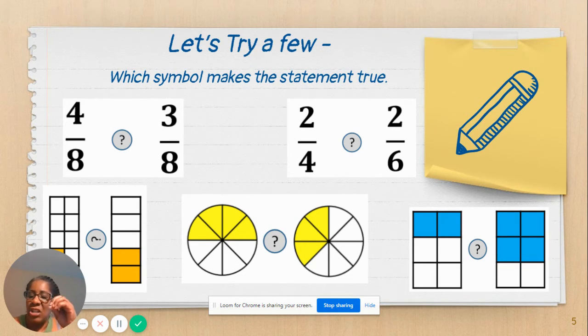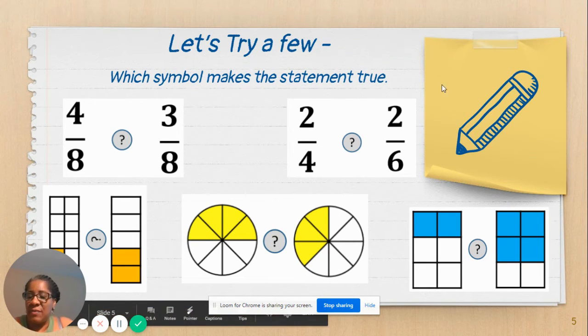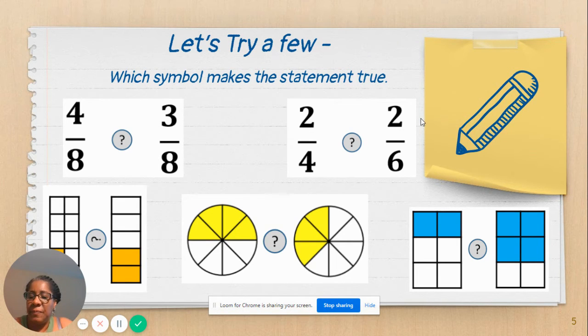The larger the denominator, the smaller the fraction piece. If they have the same denominators, we need to pay attention to the numerators. The larger the numerator with same denominators, the larger the fraction. So let's go. Pause this video at this point and write down your answers. Then when you're ready with all of your answers, come back and we'll check it.